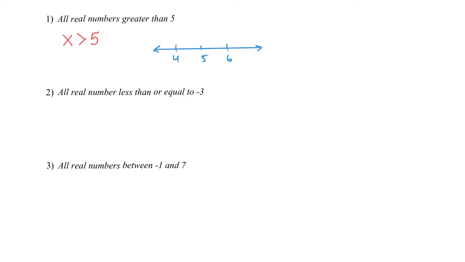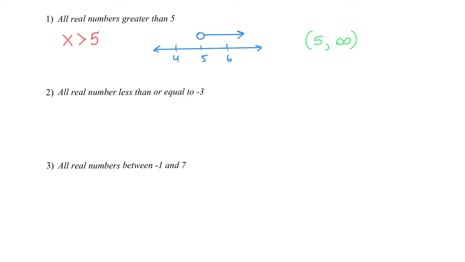And since this is greater than, I'm going to use an open circle, and I want numbers bigger than 5, so I'm going to point to the right. And so what does this look like in interval notation? Parentheses 5, because we want all the numbers from 5 to infinity. And then that always gets a parentheses.